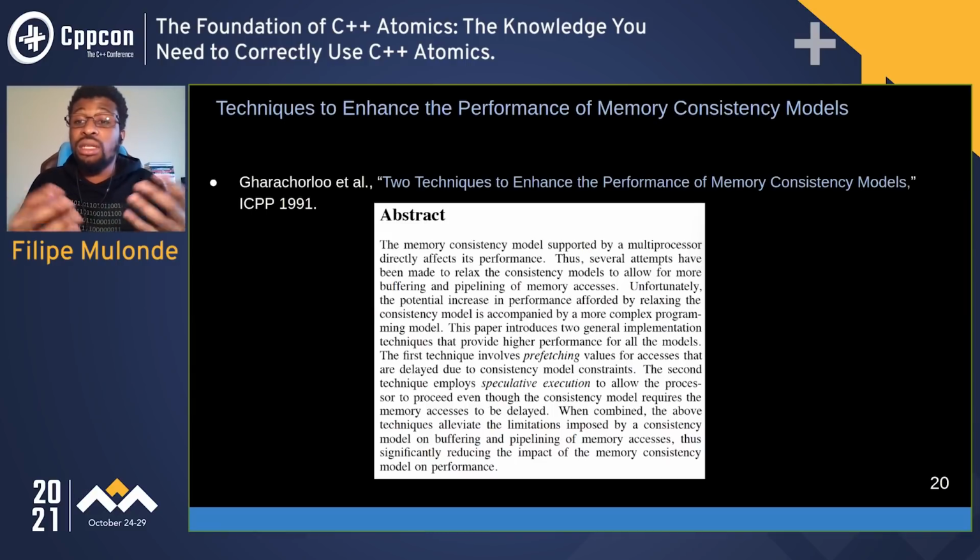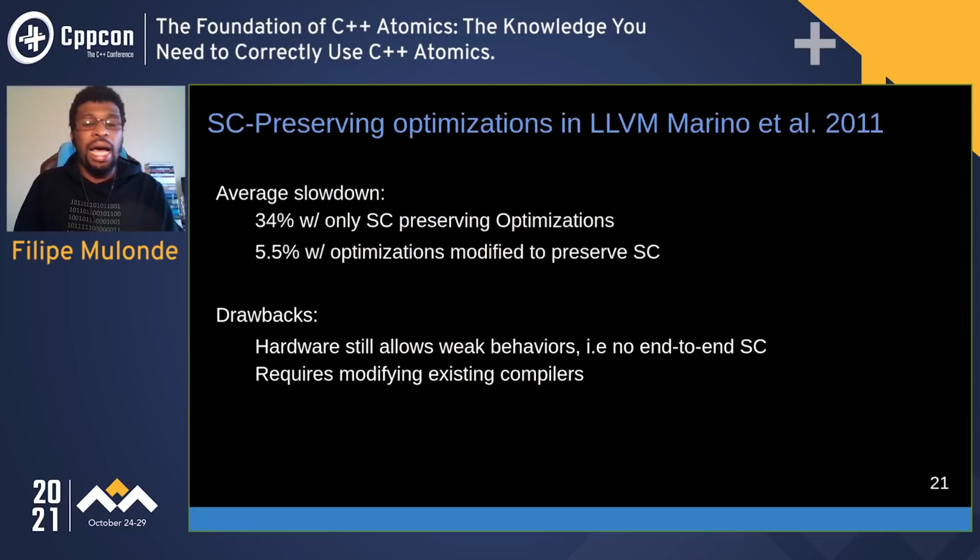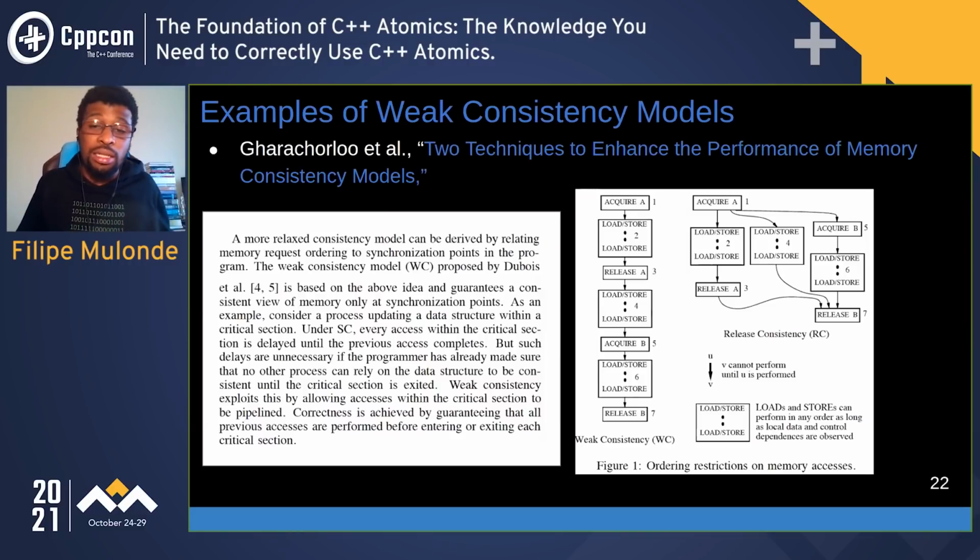And because the sequential consistency memory model affects performance, scientists and engineers have proposed techniques to speed up the sequential consistency memory model. And here we have a proposal at the hardware level. And here also we have a proposal at the compiler or software level. And because sequential consistency, again, affects performance, scientists and engineers have proposed weak consistency memory models, like the acquire and release memory models.